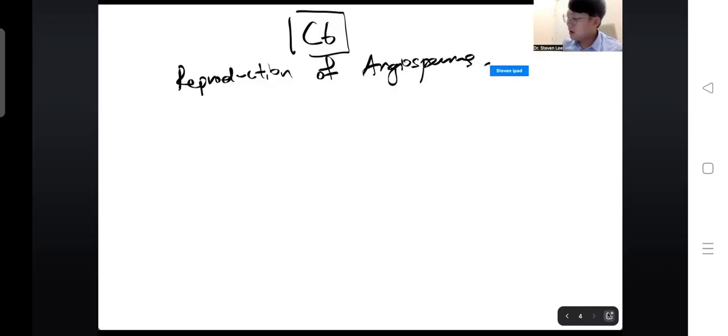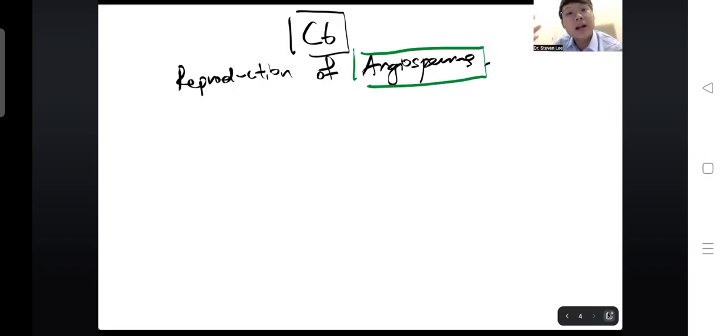So first of all, what is the meaning of angiosperms? Angiosperm is not the sperms of the angel. No, angiosperms in simpler words means flowering plants, tumbuhan berbunga. So whatever plants can produce flowers, they belong to angiosperms.